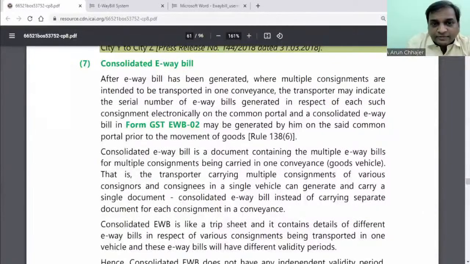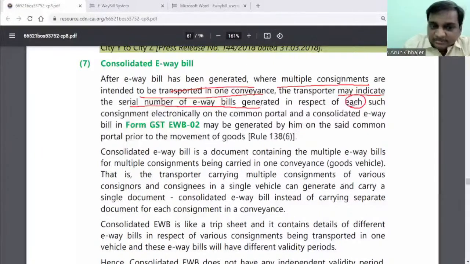After the e-way bill has been generated, where multiple consignments are intended to be transported in one conveyance, the transporter may indicate the serial number of the e-way bill generated in respect of each such consignment, and a consolidated e-way bill in EWB02 may be generated by him on the said common portal prior to the movement of the goods.